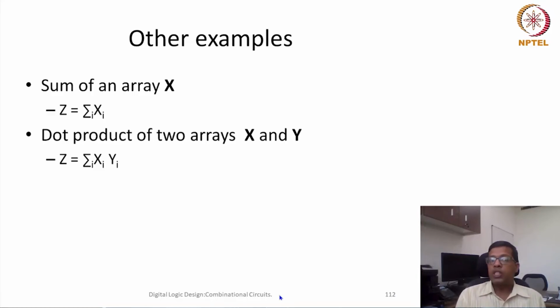Okay, sometimes we see that all these techniques of iterative design may not be very effective. For example, we have seen that a ripple carry adder is slow because we are iterating through all these stages and the carry is rippling through all of them, and then we get the output. The other designs like the carry look ahead adder or carry skip adder are more efficient.